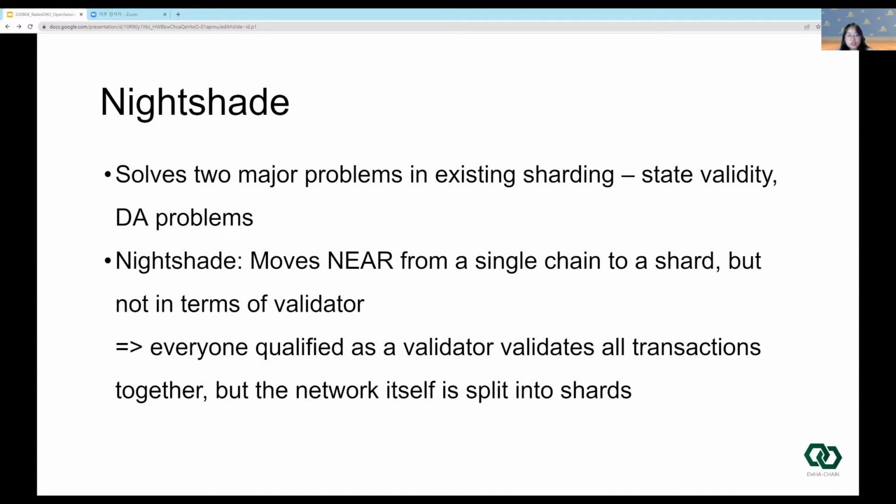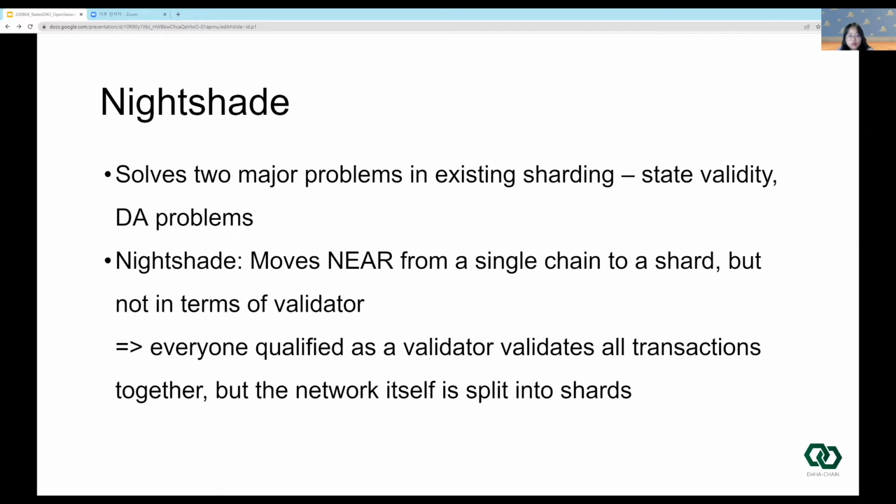Under ideal conditions, each block contains exactly one chunk per shard, which roughly corresponds to the model with shard chains, in which the shard chains produce blocks at the same speed as the beacon chain. However, due to network delays, some chunks might be missing, so in practice, each block contains either one or zero chunks per shard.